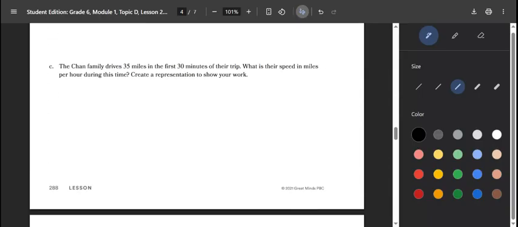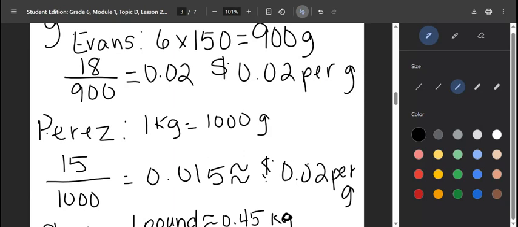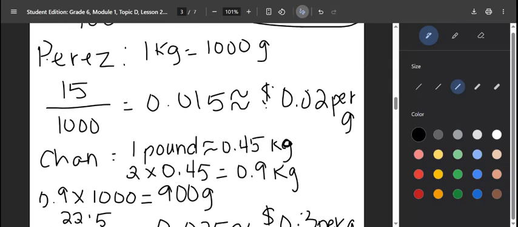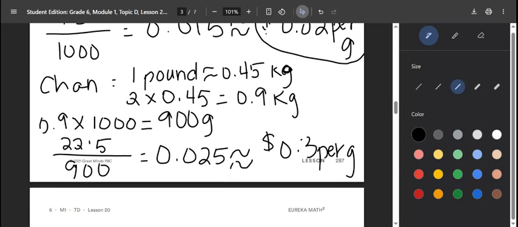So we go back up here and look, we'll see the Evans family paid 2 cents per gram. The Perez family paid a little less than 2 cents per gram, because we rounded up. And the Chan family paid 3 cents per pound. I'm sorry, per gram.